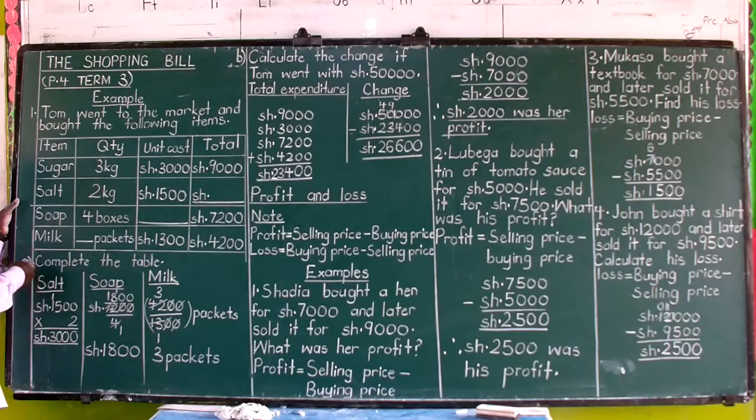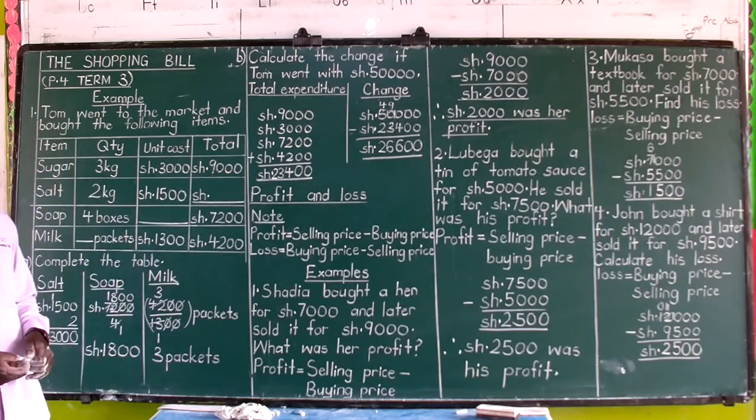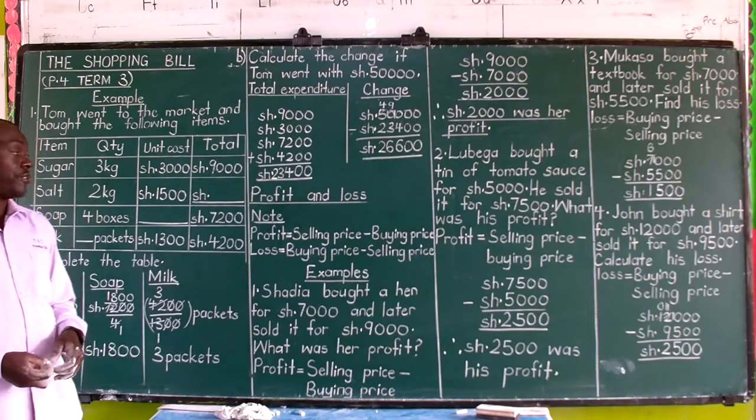If total expenditure is part of the table, then it's only found by addition, like the word total expenditure suggests. But here it's not, we're using only 2 operations of multiplication and division. The question is, when does one multiply and when does one divide?